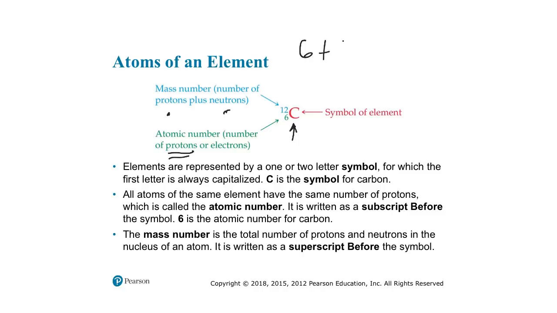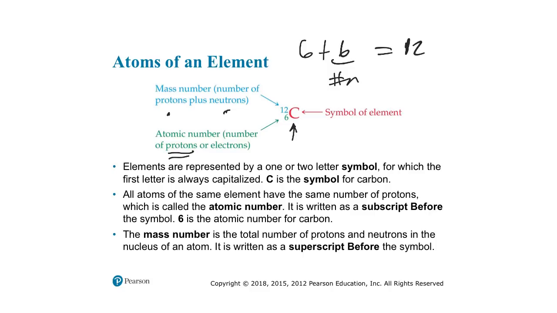So 6 plus 6, so the number of neutrons in carbon in this nucleus here would also be equal to 6. That's not true for all atoms. We'll see that they don't all have an equal number of protons and neutrons within their nuclei. That's just true for this particular atom of carbon and for some of the smaller elements on the periodic table.